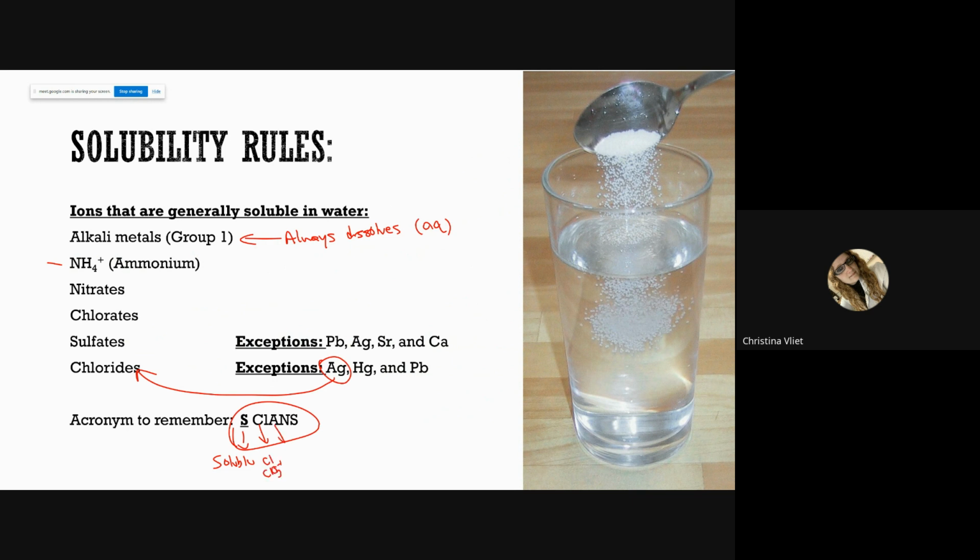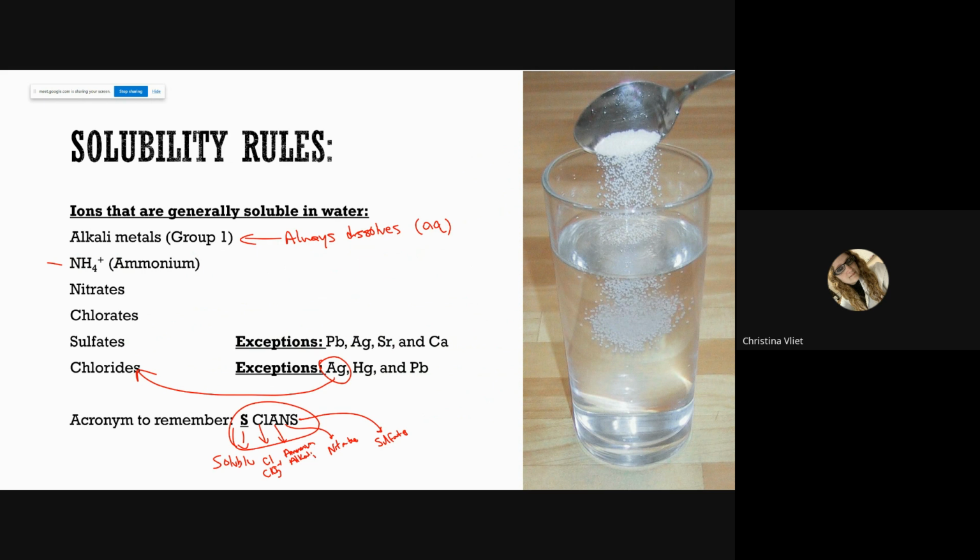A stands for ammonium and alkali, which is group 1. N stands for nitrate, and S stands for sulfate.